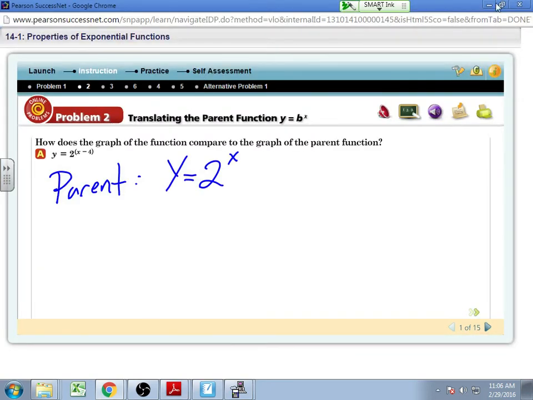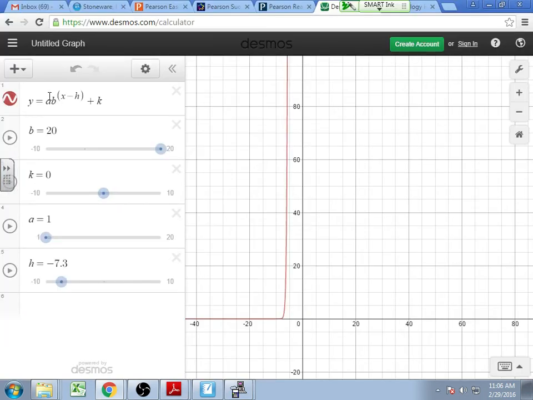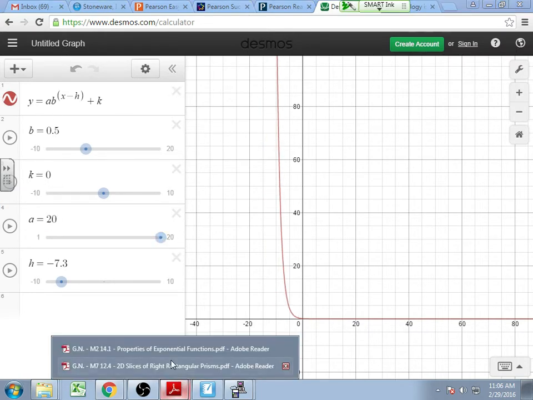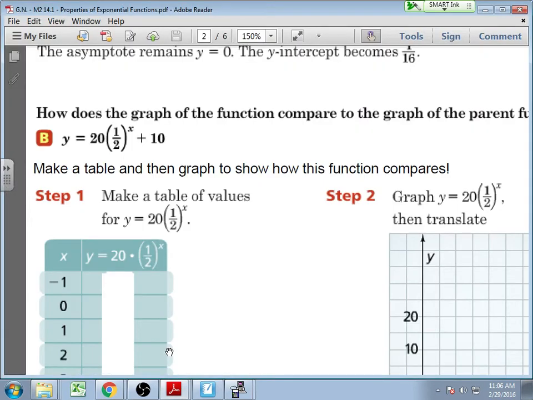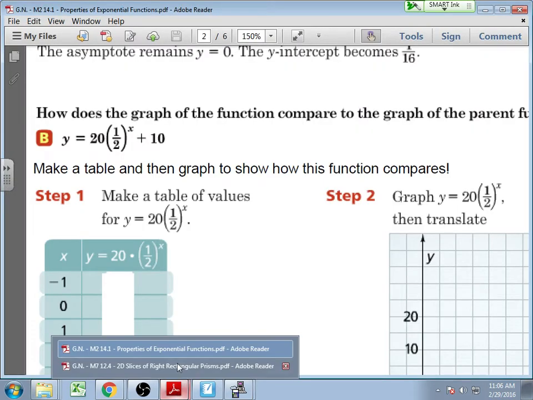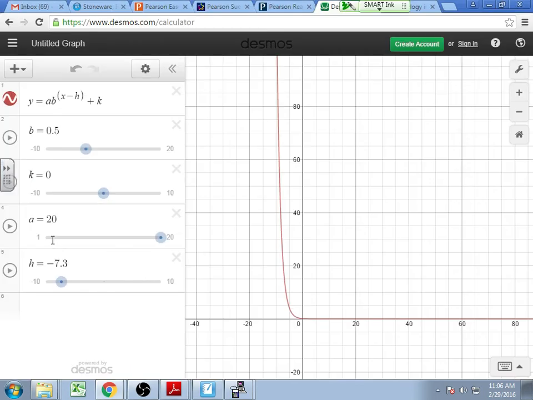So now my b has to be 1/2. So there's half. A has to be 20. Was there anything in the exponent? Nope. And then k is plus 10. So make my k value plus 10.